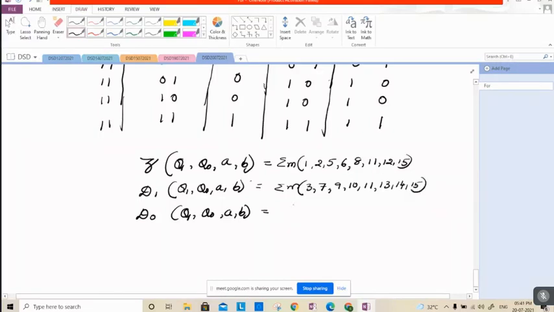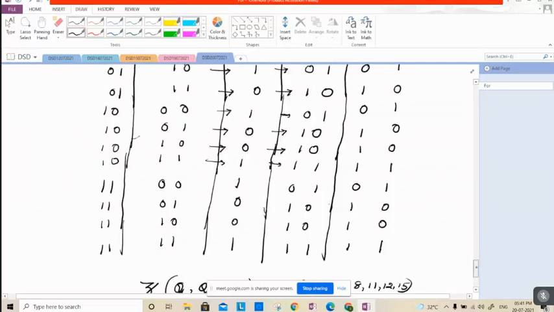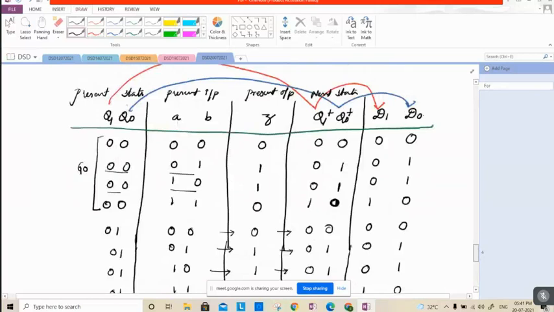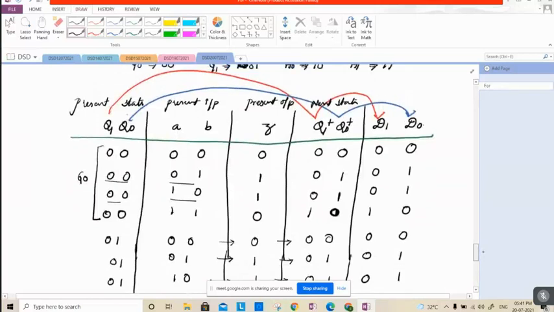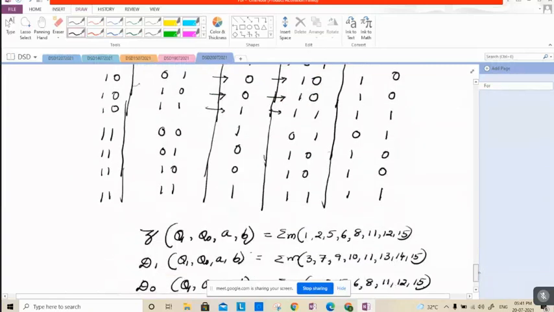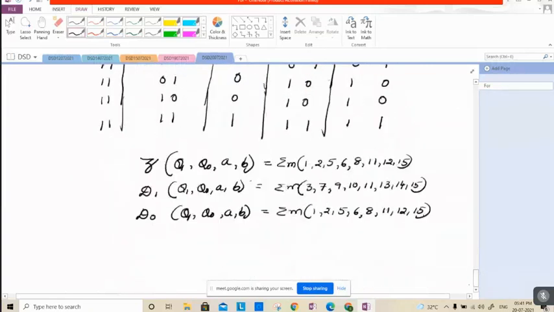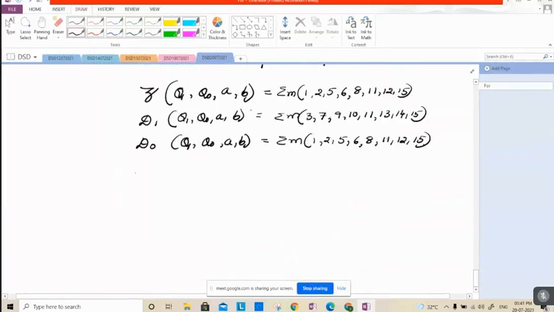What about D0? 1, 2, 5, 6, 8, 11, 12, 15. Okay, with 4-variable K-maps.